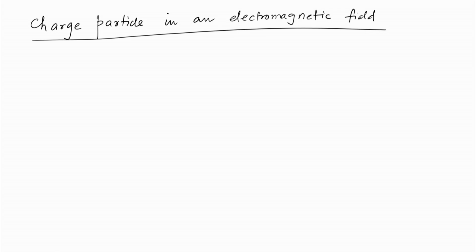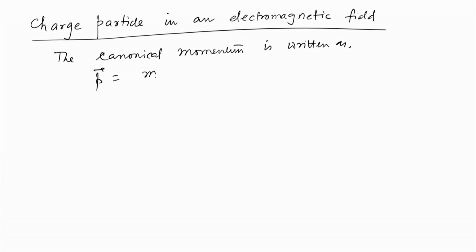So, we have seen that the canonical momentum is written as P equals m v plus or minus q A. But now, let us take an electron to make the case more concrete, so the charge is minus e.